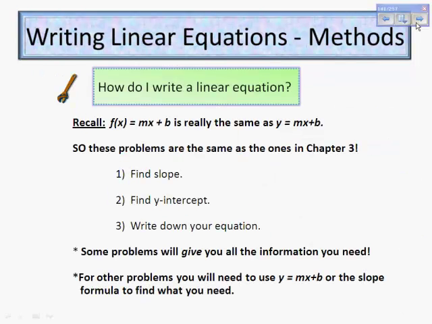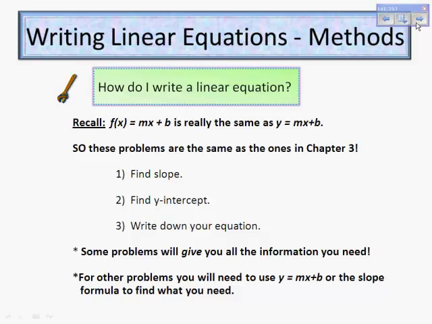Another thing that we've talked about before that I want to discuss with you again, and we did this back in Chapter 3, is how to write the equation of a line. More specifically now, I'm going to talk about this in terms of function notation. Remember from Chapter 3 that if you want to write the equation of a line, you have to have the slope and the y-intercept.